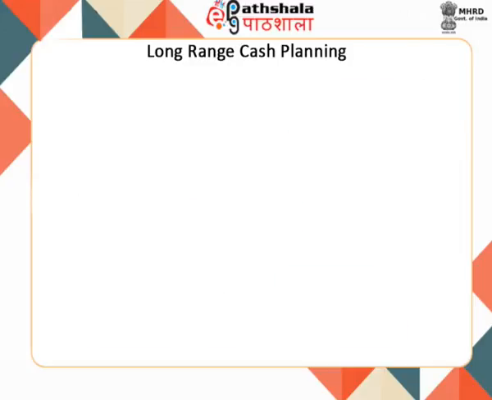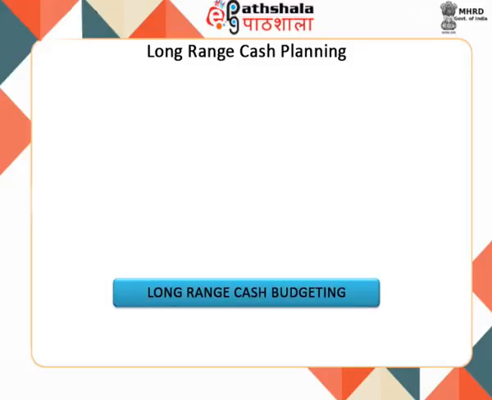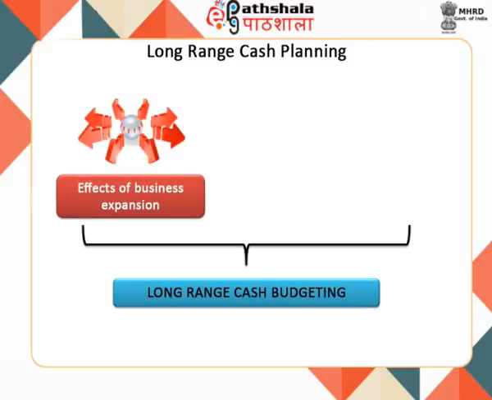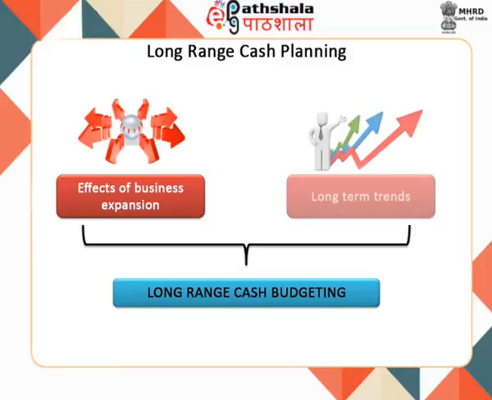Long range cash planning. Long range cash budgeting generally incorporates the effects of business expansion and long term trends. Its purpose is to find out whether cash can be generated through working capital growth and, in the event of a shortfall, how to make up the deficiency.